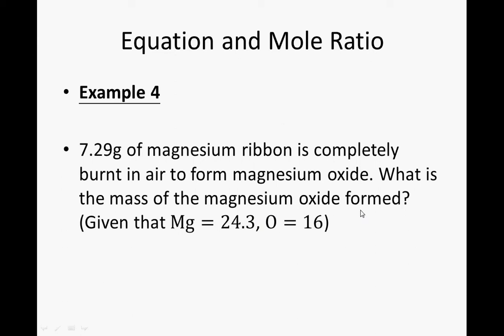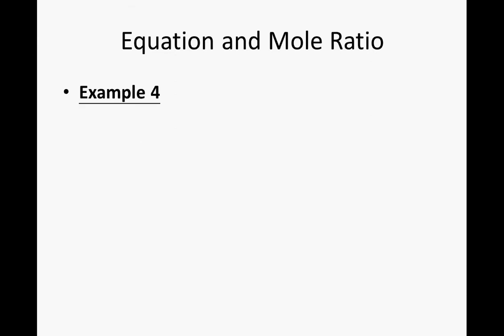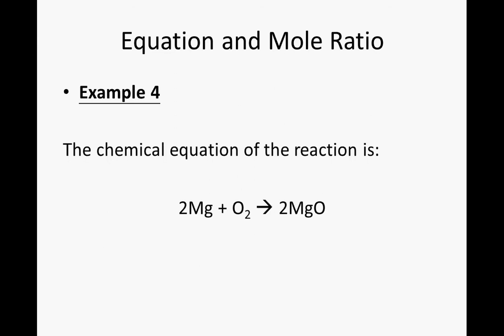Of course, the first step is you have to write the chemical equation first, otherwise you cannot deduce the mole ratio. The chemical reaction equation is just like this, very easy. I suppose now you know how to write this equation.